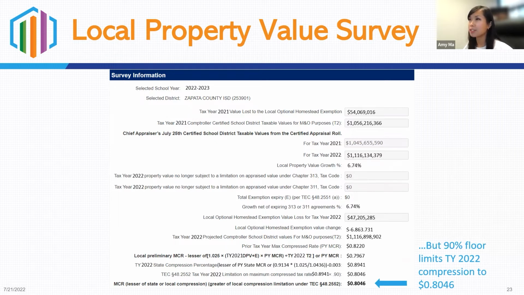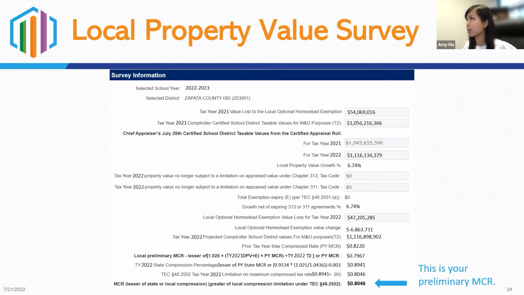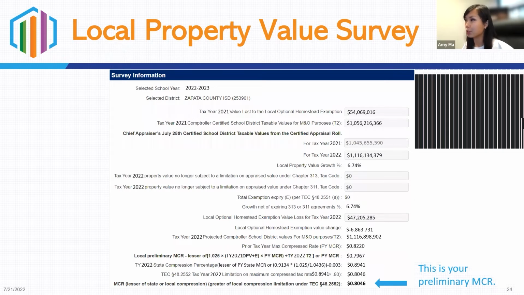But because there is a 90% floor that limits tax year 2022 compression to 0.046, that will be the compression that the district receives. And that will be their maximum compressed tax rate, your preliminary MCR, in other words.